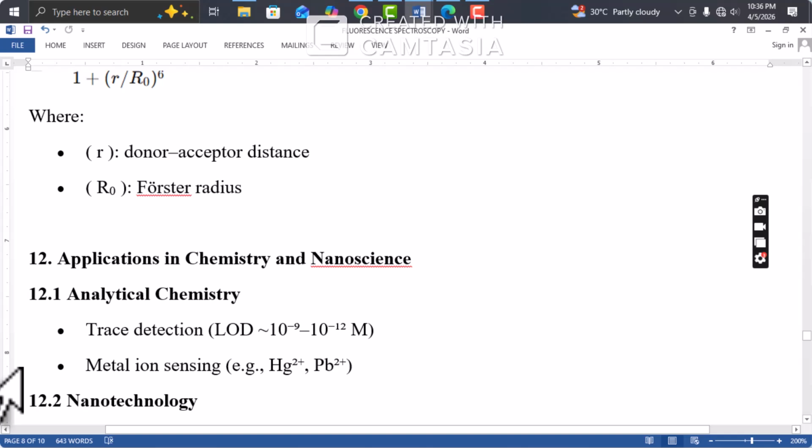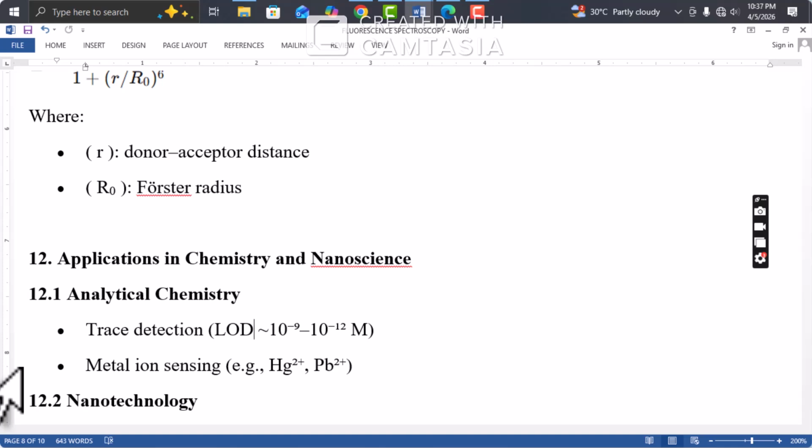As I said, you can use fluorescence for trace detection, that's LOD. So you can use it to detect compounds, either in the body, that's a body fluid or something, or in the environment. For instance, you can also use it to detect metal ions.